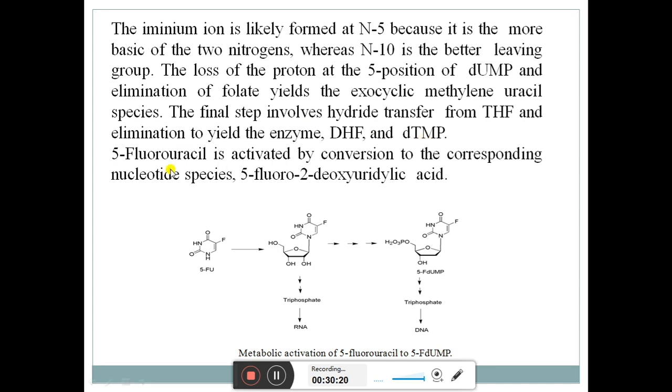The 5-fluorouracil is activated by conversion to a corresponding nucleotide species, that is 5-fluoro-2-deoxyuridylic acid.